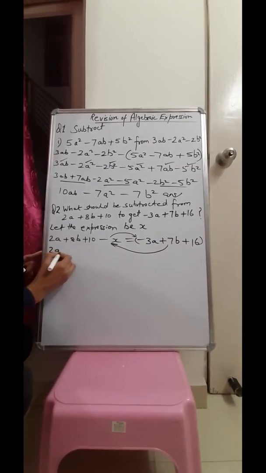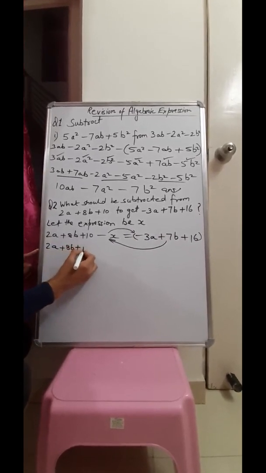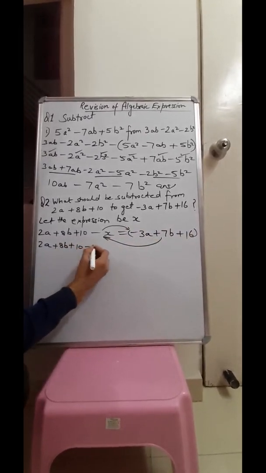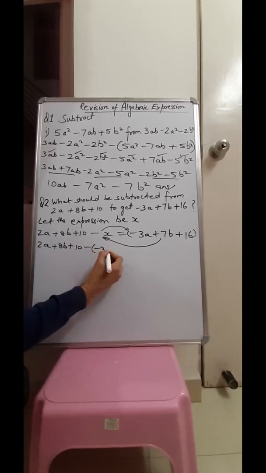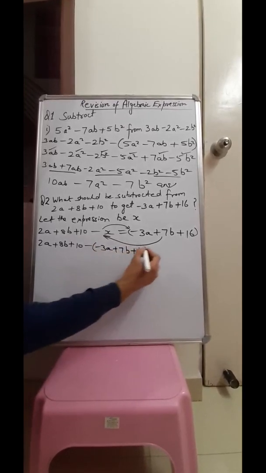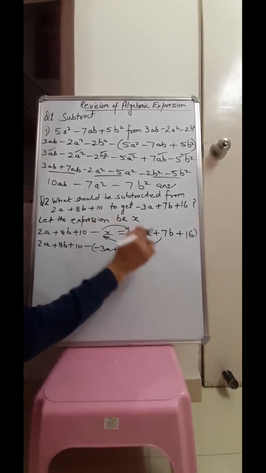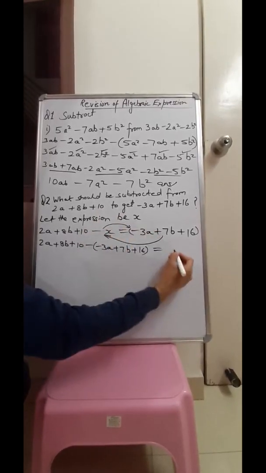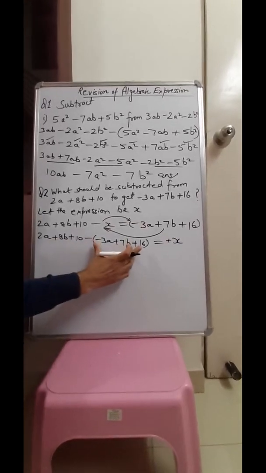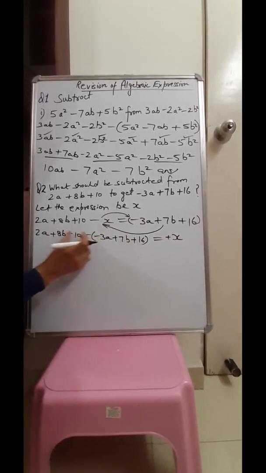So 2a plus 8b plus 10. So when you bring the whole bracket on the left hand side, it will get subtracted. So you will keep in a bracket minus 3a plus 7b plus 16, bracket close, and when you take this minus x on the right hand side of equal, this becomes plus x. So here we have to subtract this expression from this expression.